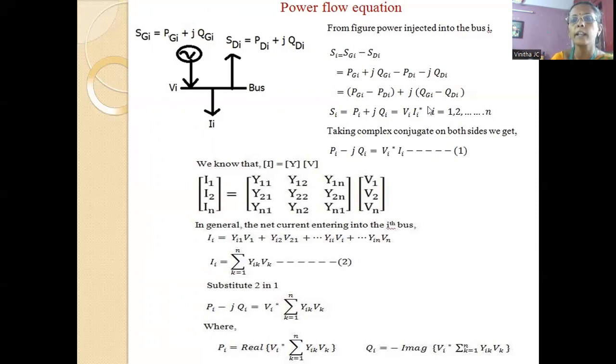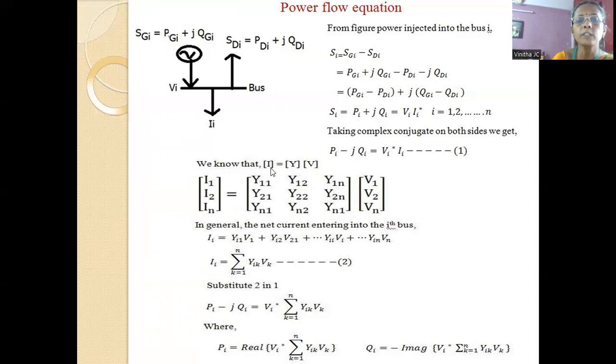So in order to avoid that, we can take the value of Ii, so that for the entire equation we can multiply by the complex conjugate. So Pi minus j into Qi is equal to Vi star into Ii. From this equation, we can easily find the value of Ii: Ii equal to Pi minus j into Qi divided by Vi star.